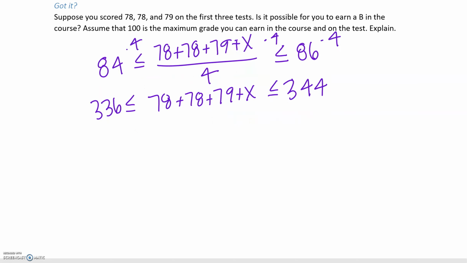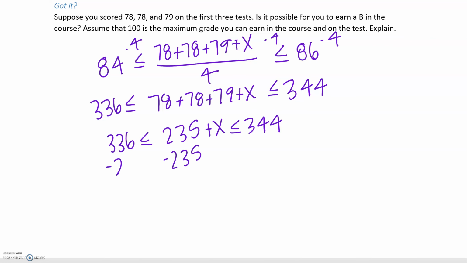Okay, so now we're going to combine like terms in the middle. So we have 336 is less than or equal to 235 plus x is less than or equal to 344. Our last step is to just subtract this 235 from all 3 sections.